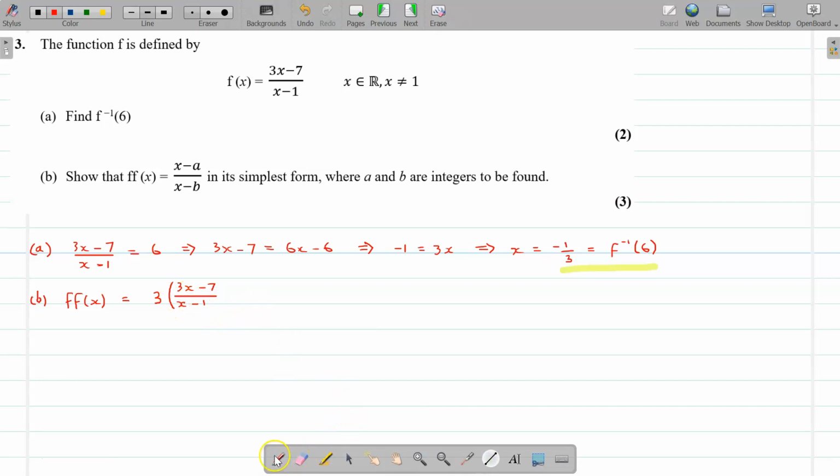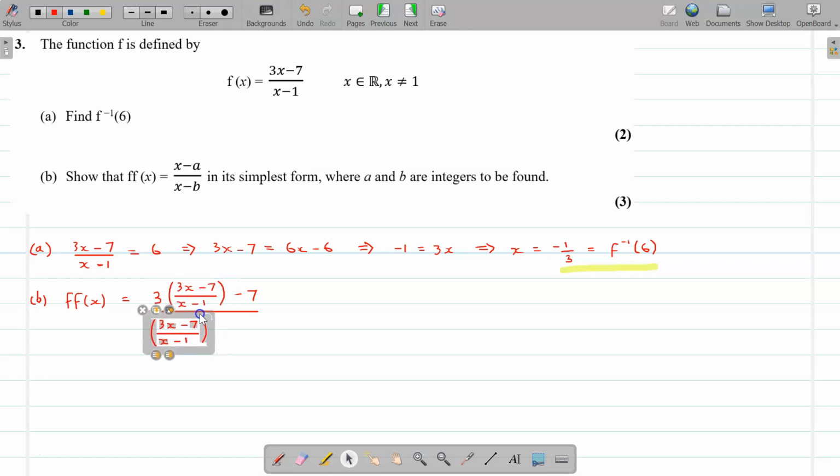So you've got these fractions within fractions, and then from that you've got to take away 7. And then underneath that you've got to do the same sort of thing again, because you have another occurrence of x, and underneath that you're going to have a copy of this part here.